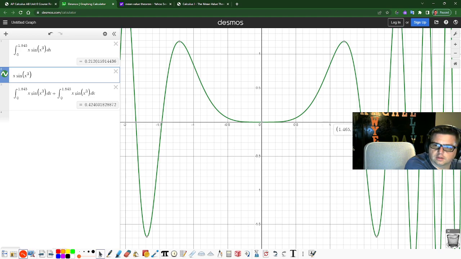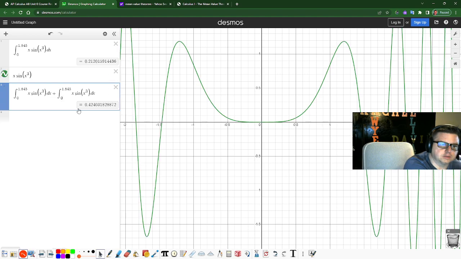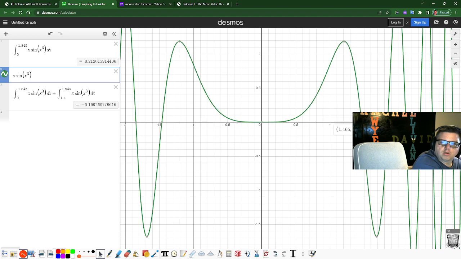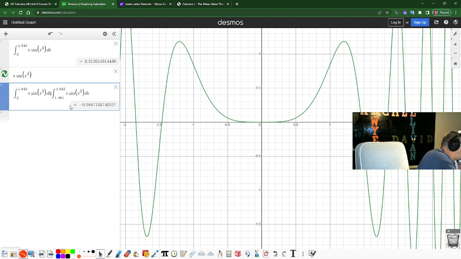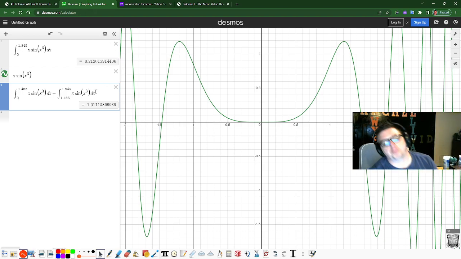So that's going to be here, 1.465. And if we change it from adding to subtracting, that will change our negative and flip it back over. And then this one needs to go to 1.465.